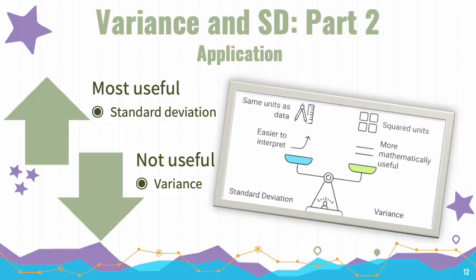So when we take the square root, we are back to the same unit of measurement that we had. So the standard deviation allows us to get some insight about the spread of our data, comparing it specifically to our data mean.